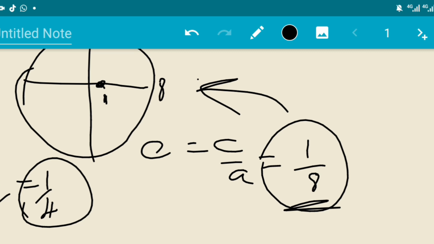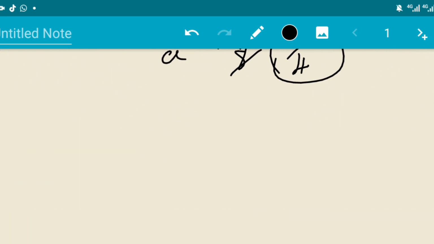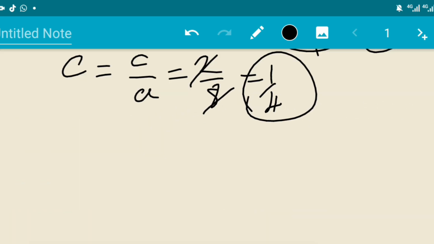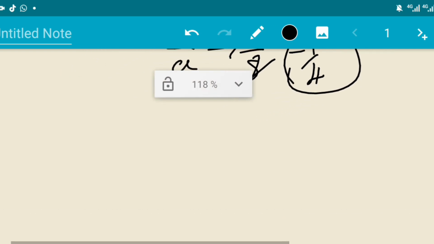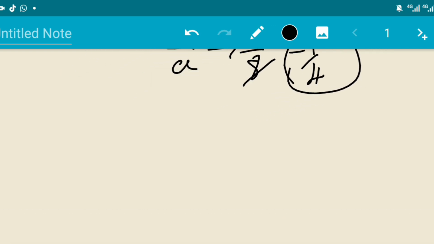So let's look at an example. We're being told to find the equation of an ellipse. No, let's do one about eccentricity. Find the eccentricity of the ellipse given by the equation 8x squared plus 9y squared equals 18.